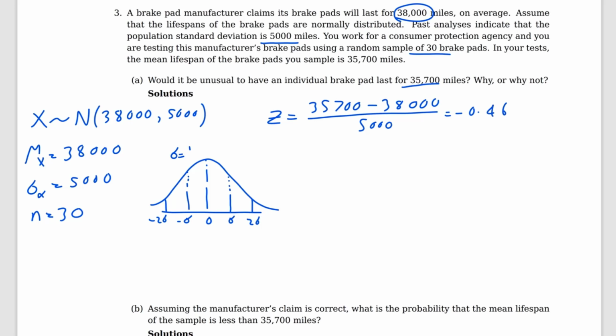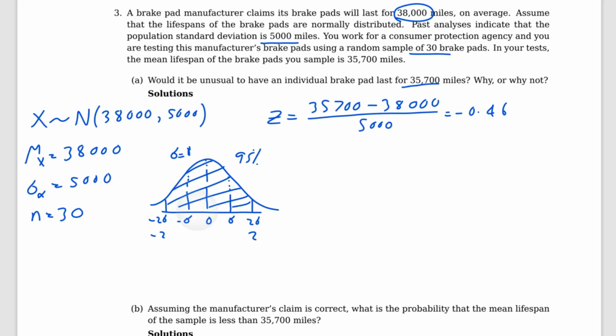In this area we should have 95%. Since sigma equals 1 is standard normal, this should be negative 2 and this is 2. Anything with a z value between negative 2 and positive 2 is usual.